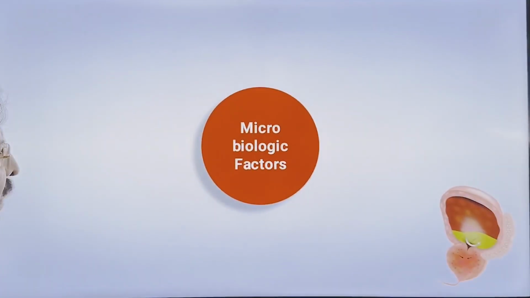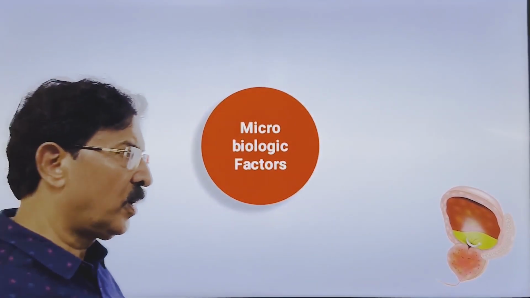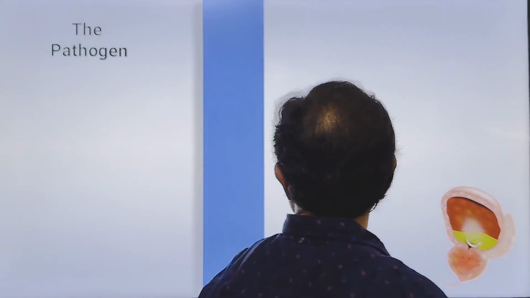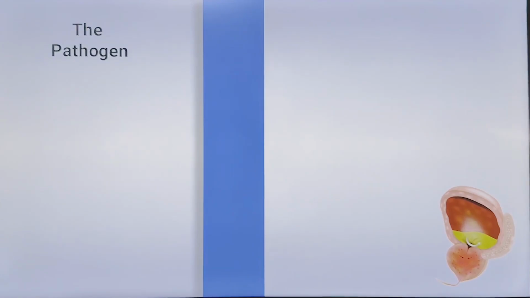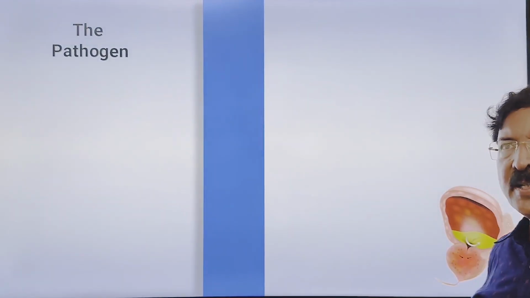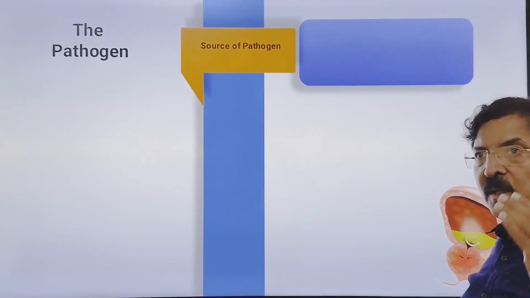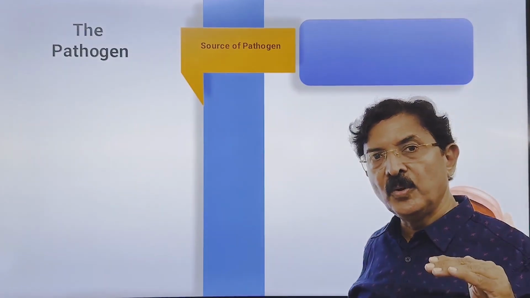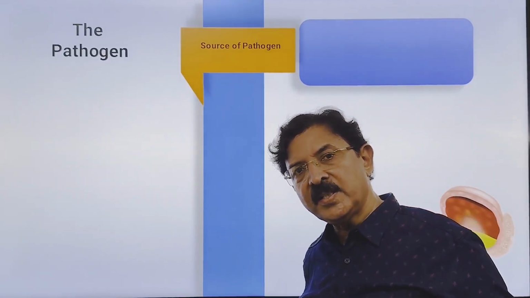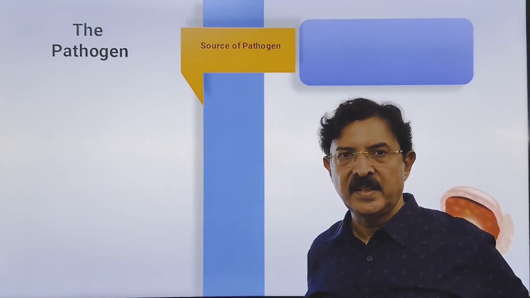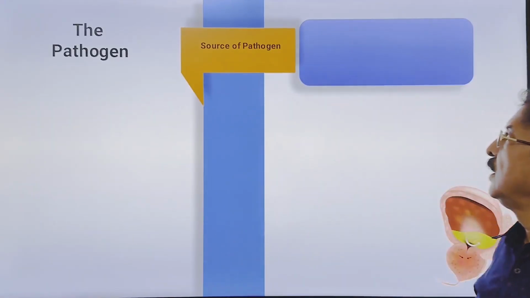And coming quickly to microbiologic factors, which are also important here. The first microbiologic factor is the pathogen. When you treat a case of recurrent UTI, keep the pathogen in mind, and you can have an idea about the pathogen if you know how that pathogen has come into the urinary tract in the patient. What was the source?